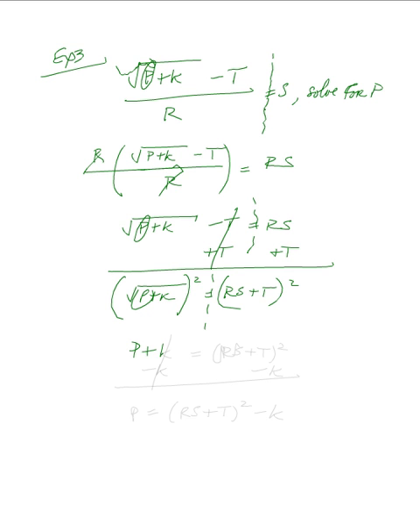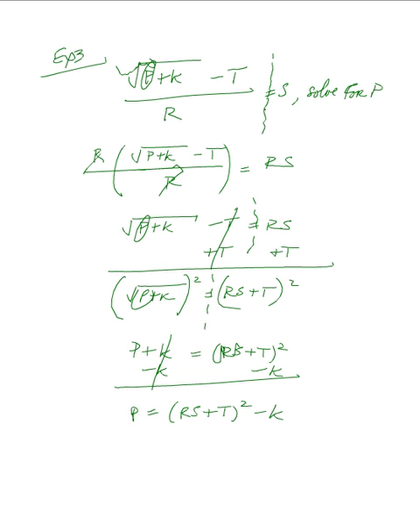I'm left with p plus k equals the quantity rs plus t squared. And now finally, I can see that the only thing left to undo is that plus k, so I'm going to subtract k from both sides. And I'll get p equals quantity rs plus t squared, and then minus k.